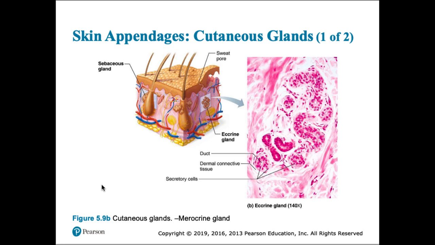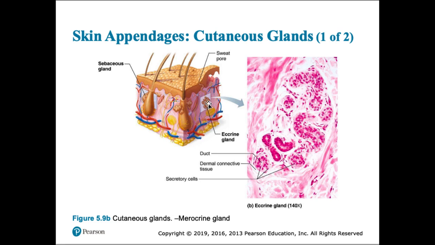And of course, these are just some of the glands that we're going to be talking about. There are some apocrine glands that we'll talk about. It's a type of cutaneous gland. What you see here is the hair follicle. You have the sebaceous gland that will release oils. You see the duct located here and some secretory cells so it can excrete that.